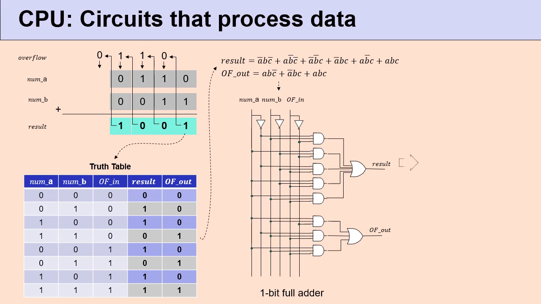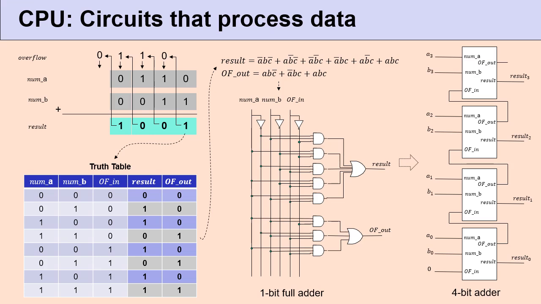Our next task would be to use multiple instances of this circuit to build a 4-bit adder. So in the diagram given, you will see that there are 4 instances of the full adder circuit. In the lowest one, which deals with the least significant bit of the two numbers, I have preset the overflow input to a 0, which means that in the first stage there is no overflow coming from a previous stage.